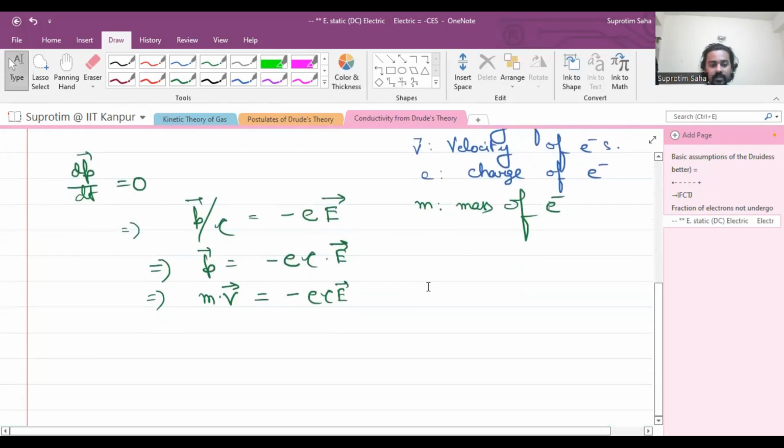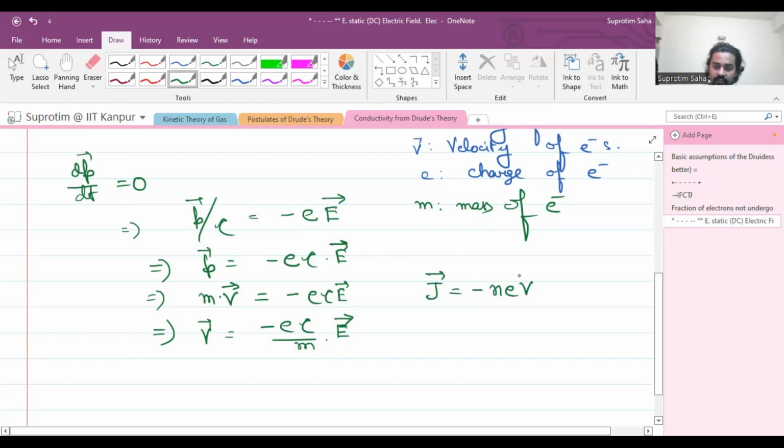All right. Now, v vector is minus e tau by m times E. But we know that j vector is minus n e v vector.